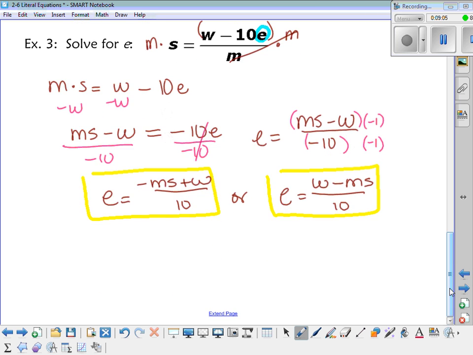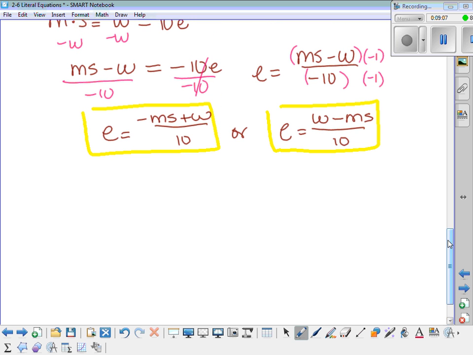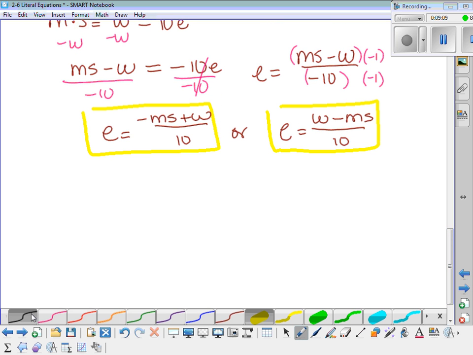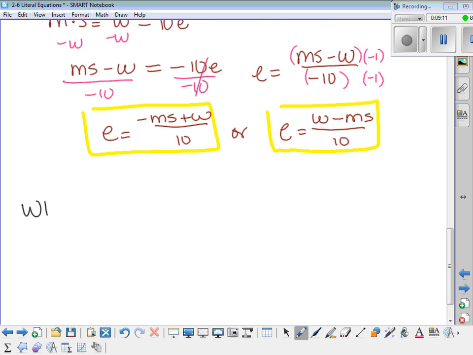Now on your whiteboards, you're going to solve for y. We have y plus 4 over x is equal to 6. Try to do this on your own. If you're at home, pause the video before checking the answer.